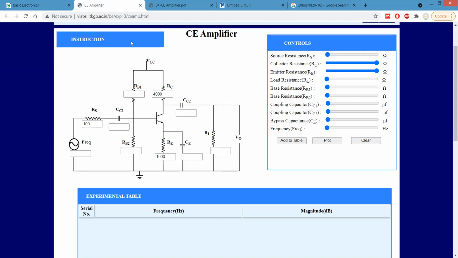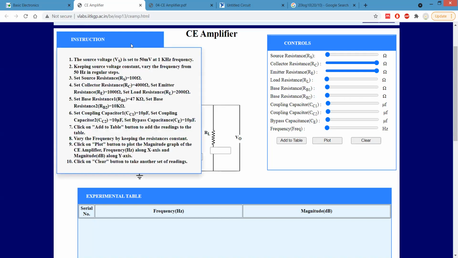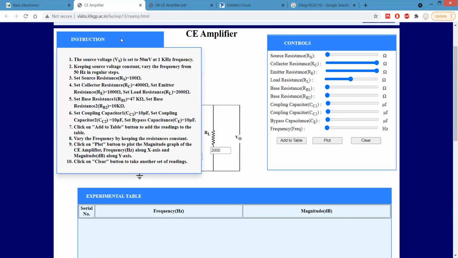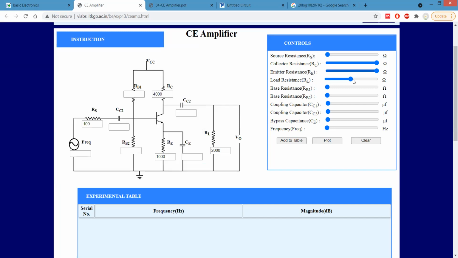Maximum value 1 kilo ohm is given, right? And RL should be 2 kilo ohm. You can change the RL, so RL should be 2 kilo ohm. Good. Then the base resistor or voltage divider resistor RB1 should be 47 kilo and RB2 should be 10 kilo.